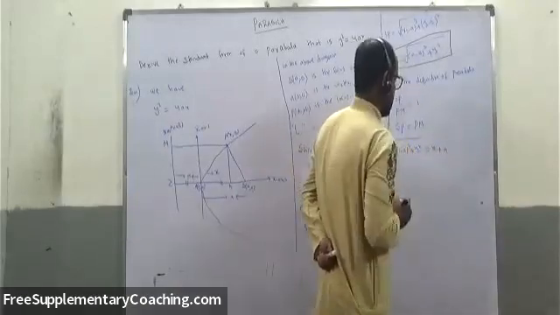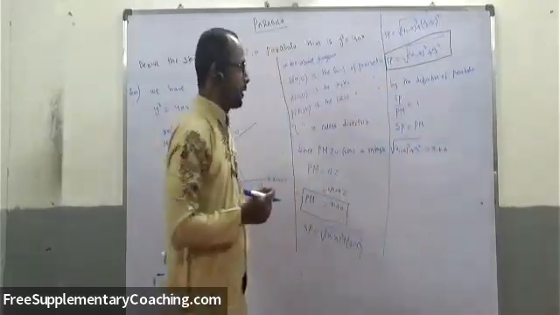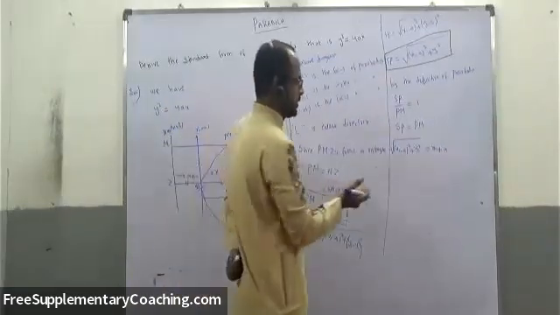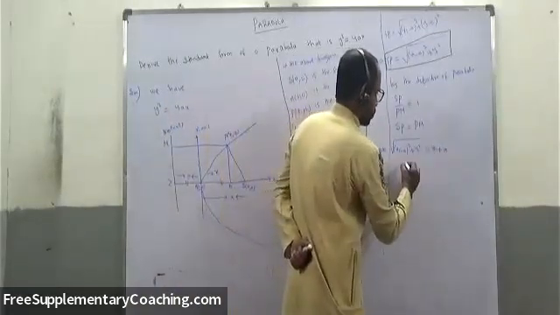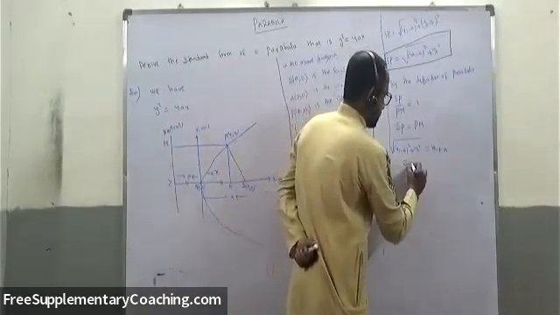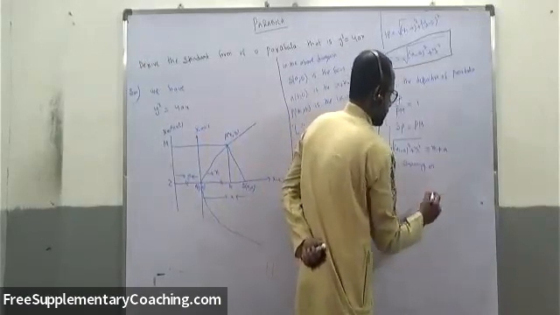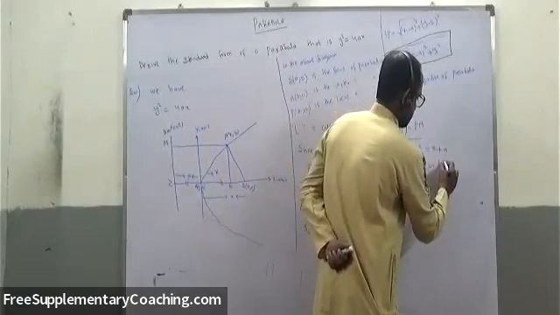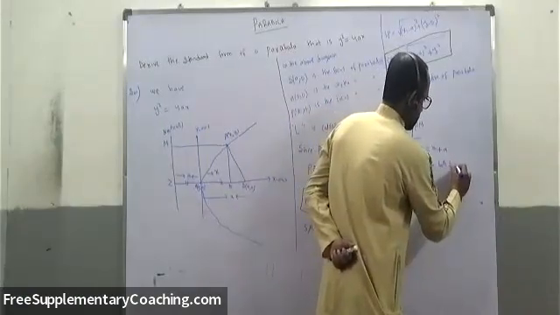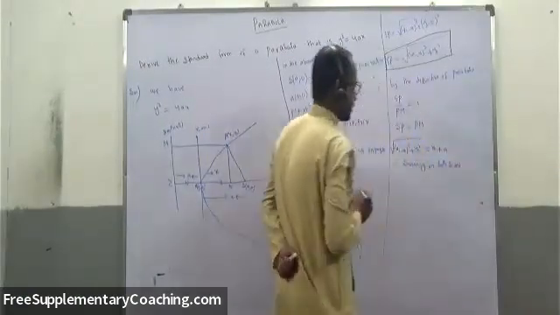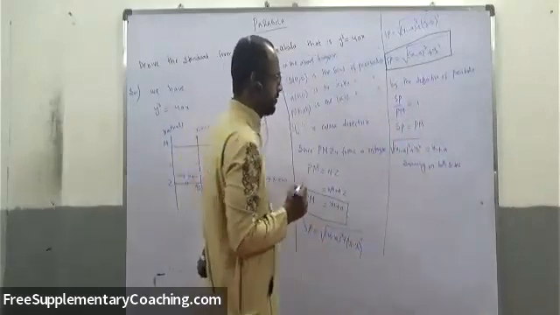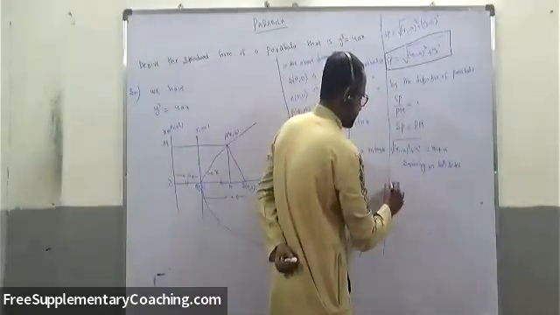X1 plus A. So now I'm doing the squaring on both sides. What are we getting if we do the squaring on both sides?